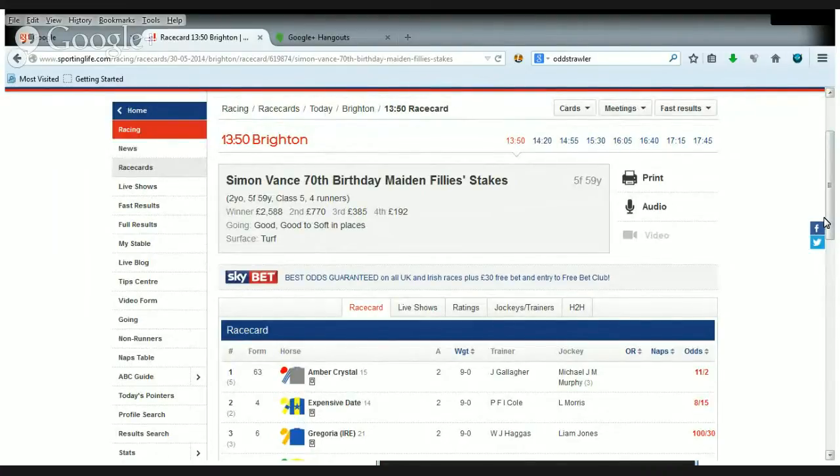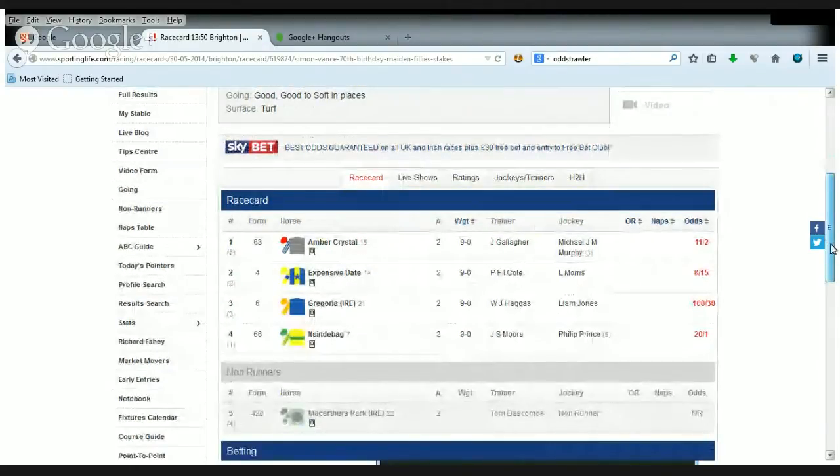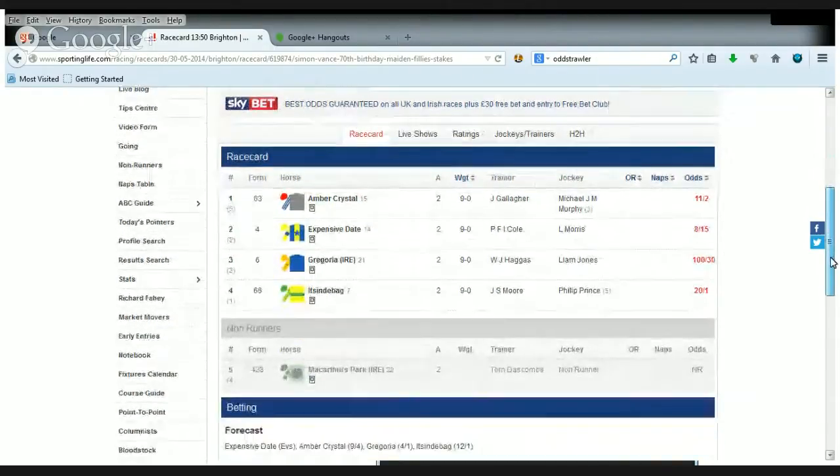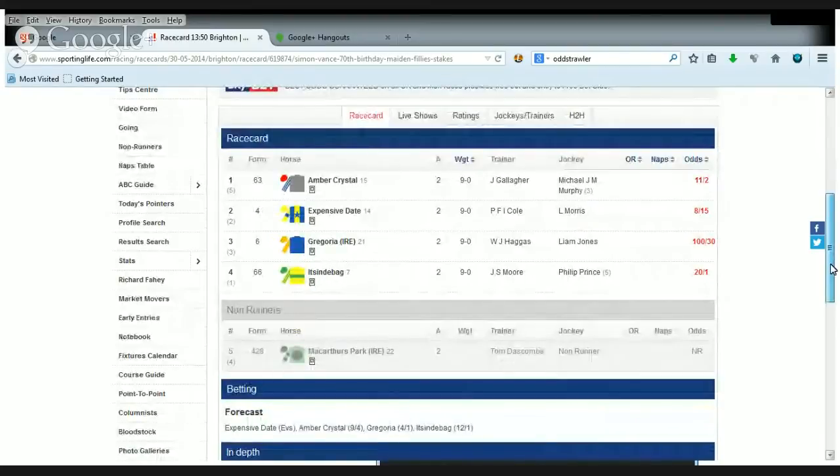First, if you look at the bottom of the selections, you'll see Evens Expensive Date, 9 to 4 Amber Crystal, and Gregia on the paper now. But when we look at the site here, there's only 4 horses now, because of a non-runner.